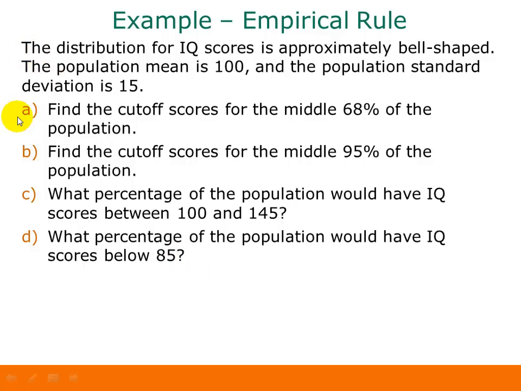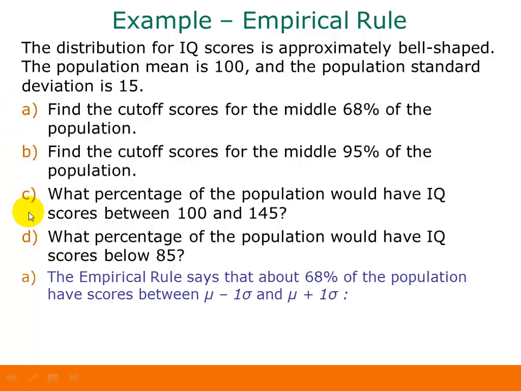First we'll find the cutoff scores for the middle 68% of the population. Now, since we have a distribution that's approximately bell-shaped, that means we can use the empirical rule. The empirical rule says that about 68% of the population have scores that are within one standard deviation of the mean.